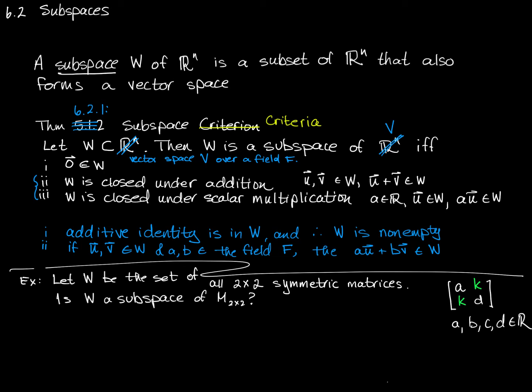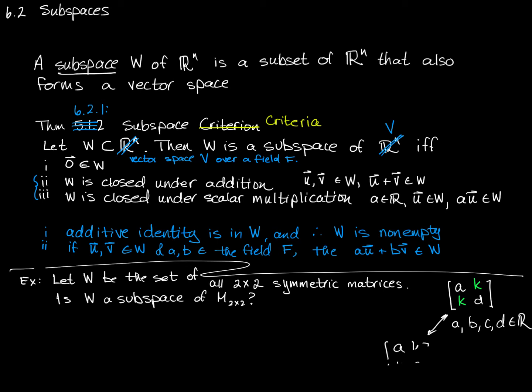Now if I take the transpose of this matrix, I'll get AK as a column, and KD as a row becomes KD as a column. And these two things are the same, right? So this matrix is equal to its transpose, and so therefore this matrix is a symmetric matrix.